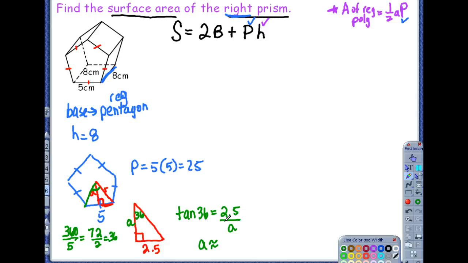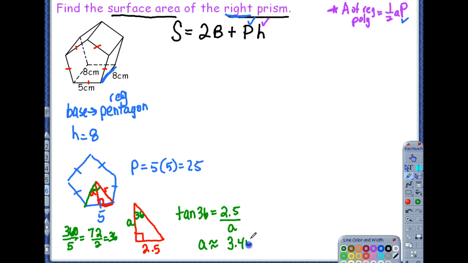If you cross multiply, you get A times tangent of 36 equals 2.5, but you're going to end up dividing by that tangent of 36. Should we get the decimal value or leave it as exact as possible? Let's just get the decimal value. So we're going to take 2.5 and divide it by tangent of 36.